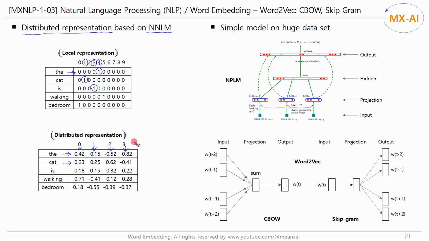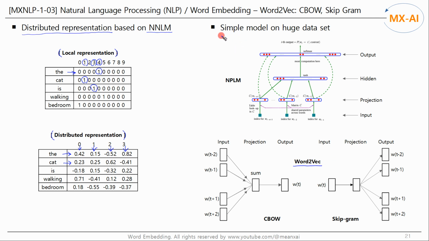A very popular model architecture for estimating the neural network language model, NNLM, was proposed by Bengio et al. in 2003, as discussed in the previous video. This model has been followed by many others. Word2Vec is also a neural network-based distributed representation model.